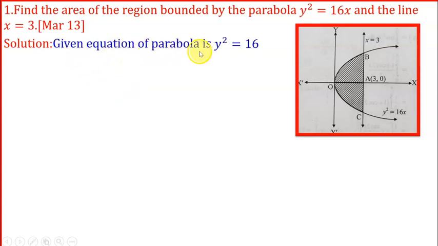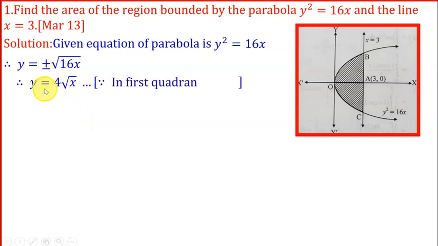The given equation of the parabola is y square is equals to 16x, and therefore if you take the square root on both sides, then you will get y is equals to plus or minus root of 16x. Therefore y is equals to 4 root x. In first quadrant y is positive, and therefore we are taking y is equals to 4 root x.